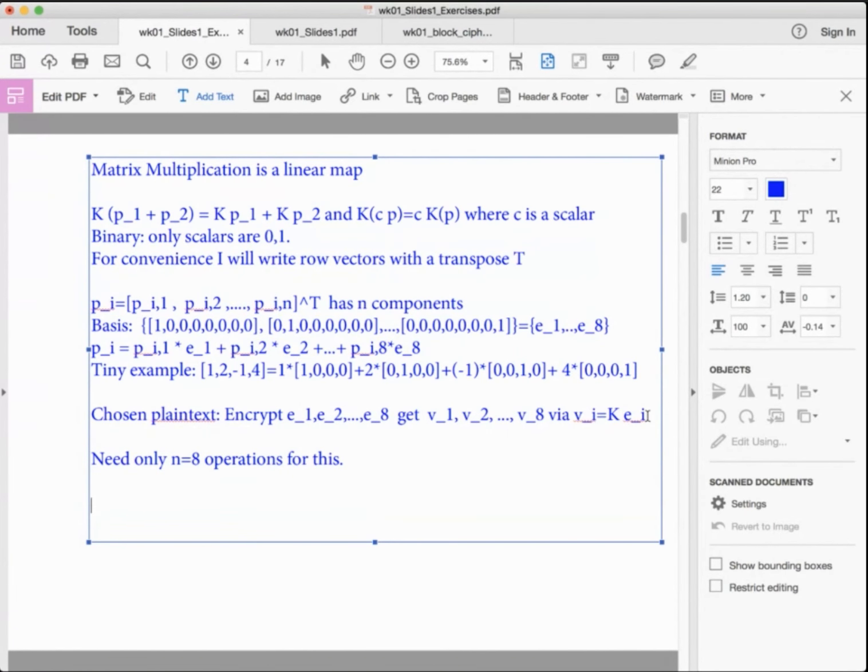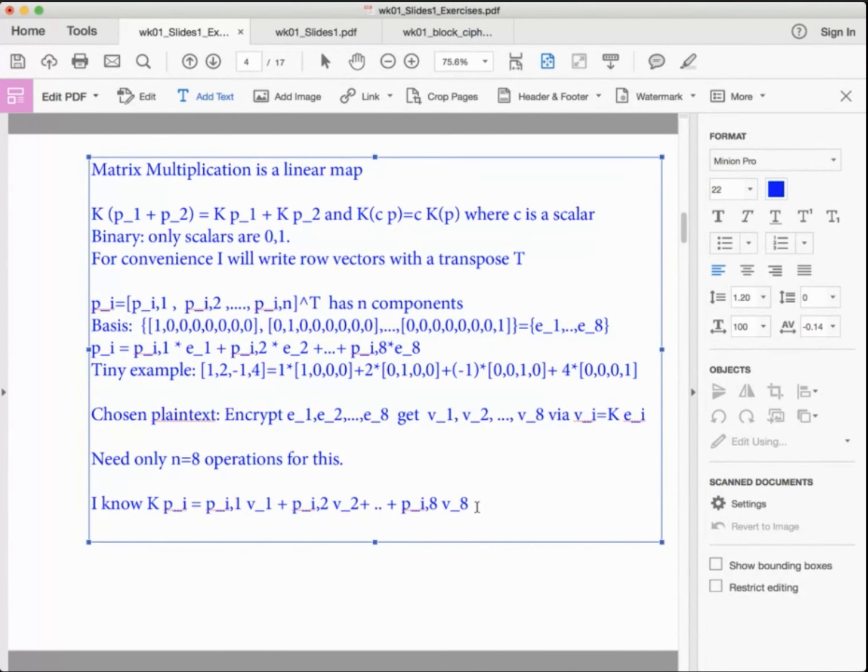Then I know K of P I is PI1 V1 plus PI2 V2 up to PI8 V8, because the mapping is linear.